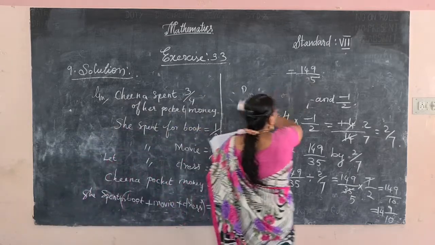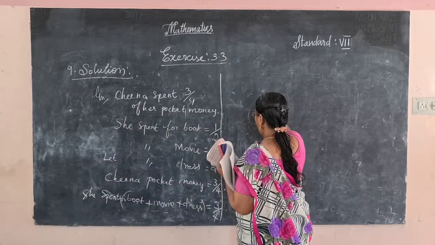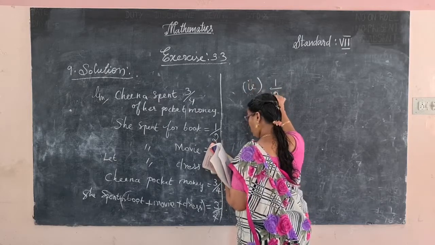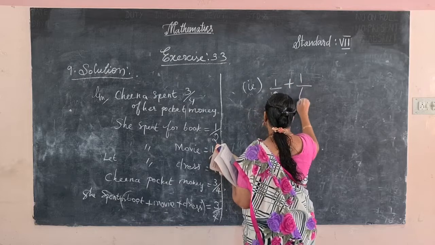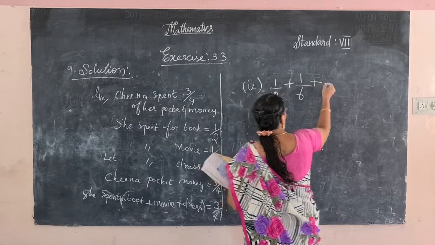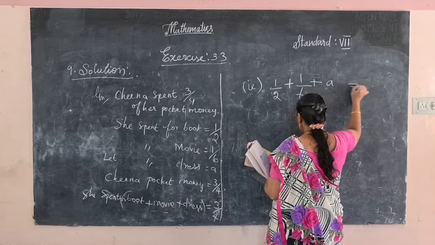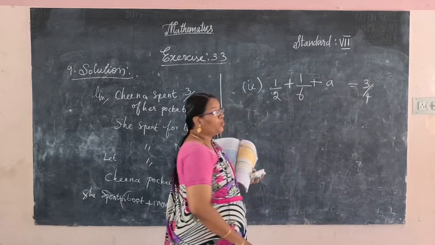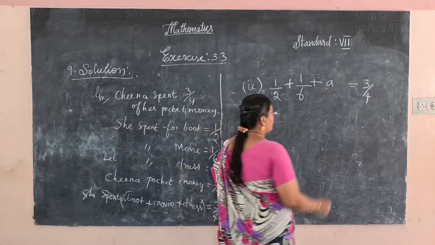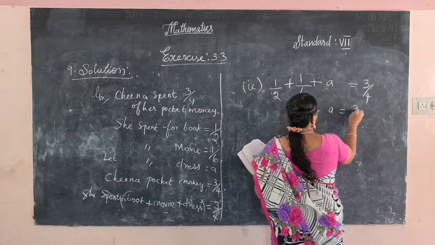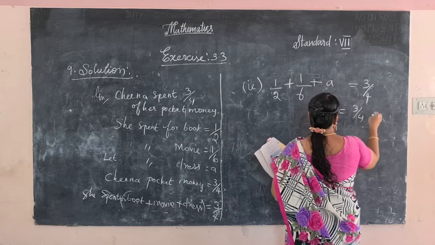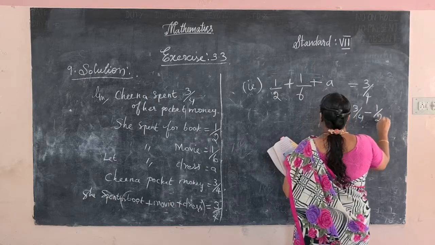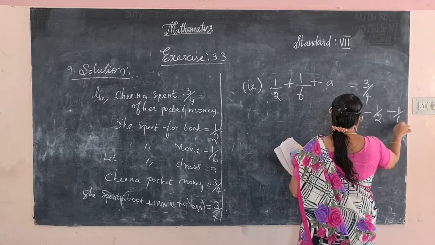So the book amount is 1/2 plus movie 1/6 plus dress amount, which we didn't know. So A is equal to 3/4. You have to find out how many rupees were spent for the dress. So these two fractions move here by using the transpose method: minus 1/2 minus 1/6.